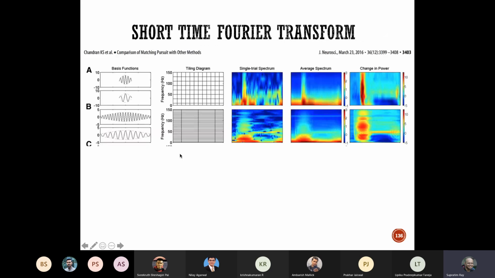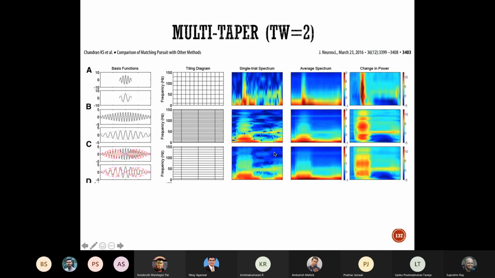This is time frequency analysis. Different types of windows determine your time or frequency resolution. A multi-taper method sacrifices frequency resolution in order to put more than one basis function inside the tile, and it's a trade-off that you can do.